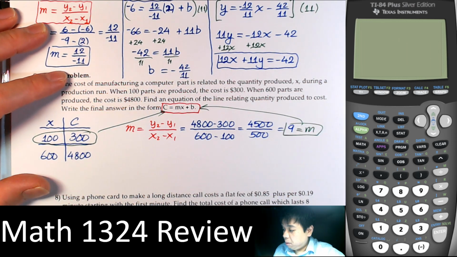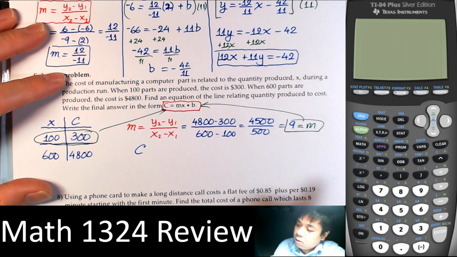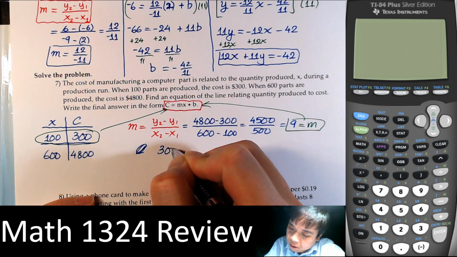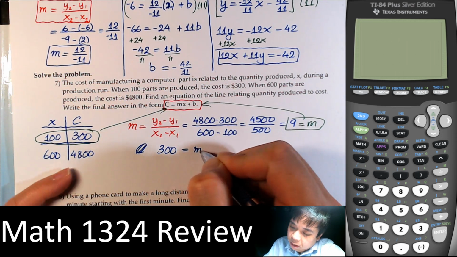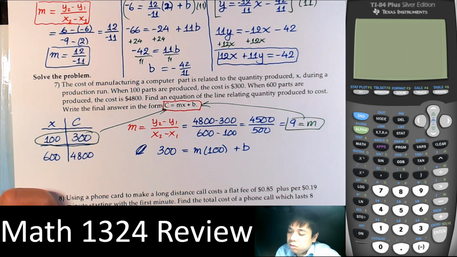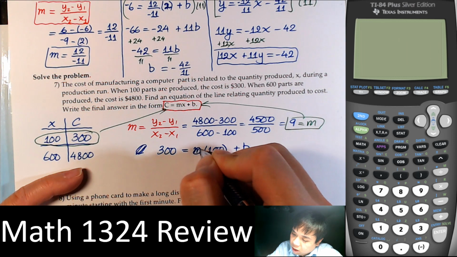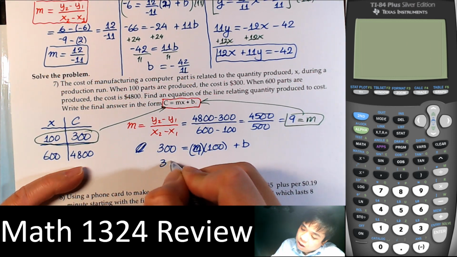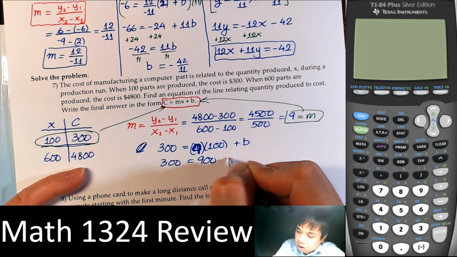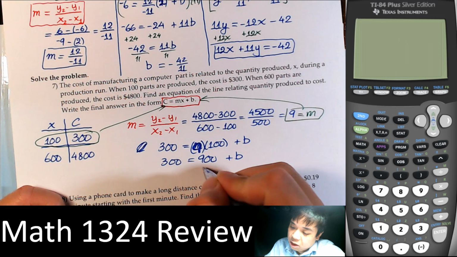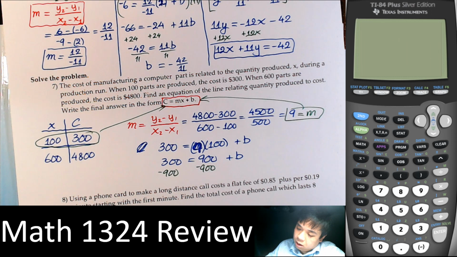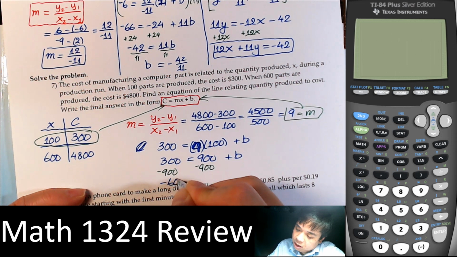So we have the cost is 300 equal to m times x of 100 plus b. m is equal to 9, so 300 equal to 900 plus b, and subtract 900 on both sides. We have negative 600 equal to b.